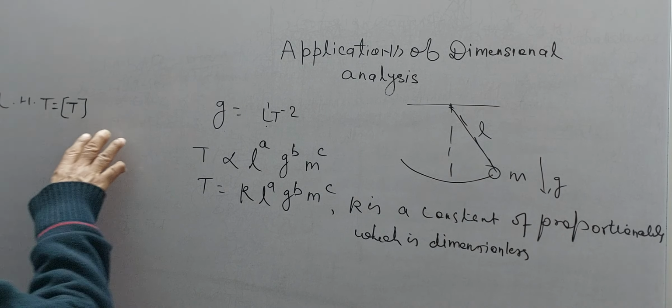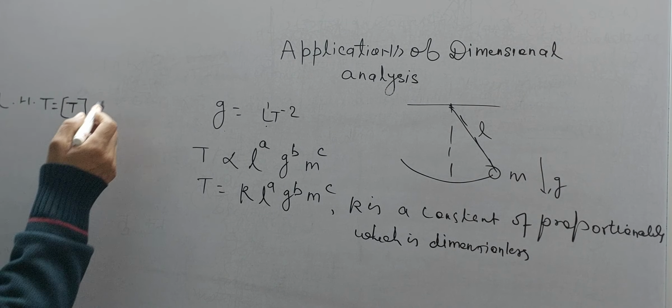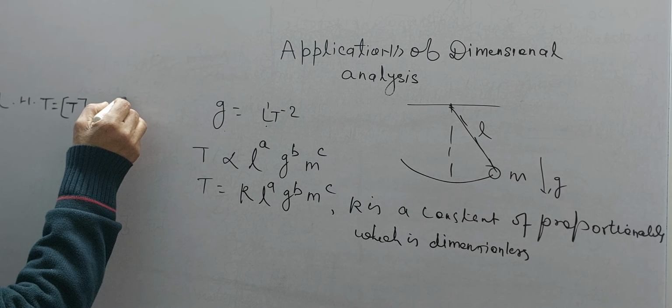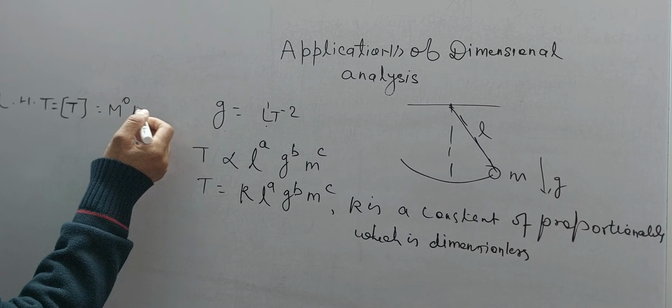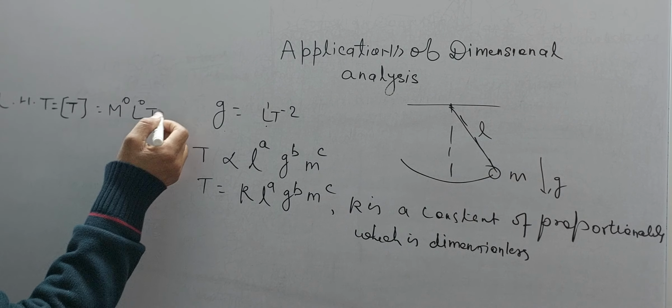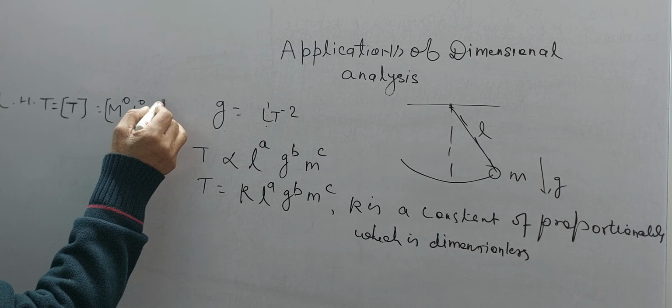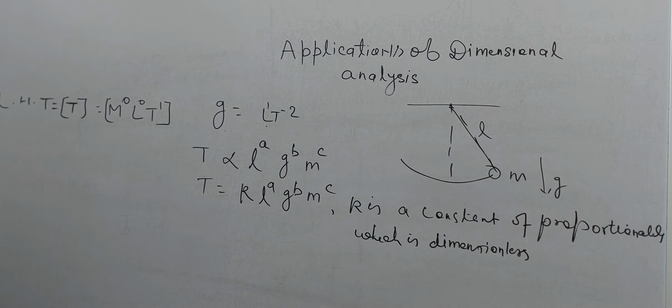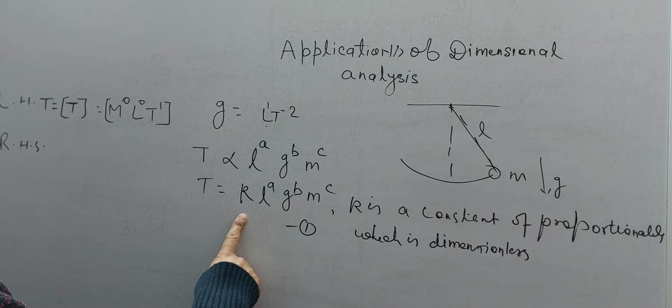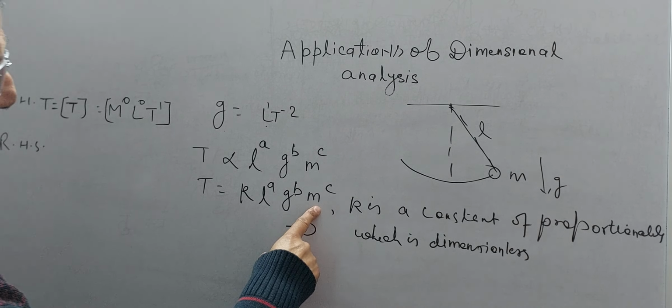So the dimension of the left hand side is M raised to the power 0, L raised to the power 0, and time has the dimension 1. So this is the dimensional formula of the left hand side, that is the time period T. Now in our right hand side, in equation number 1, we have K dimensionless, L for the length, g for gravity, M is the mass.